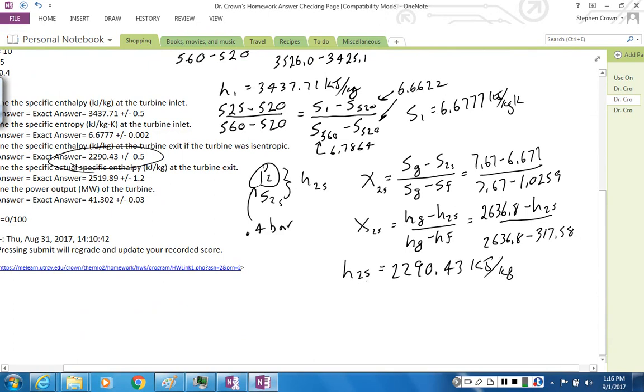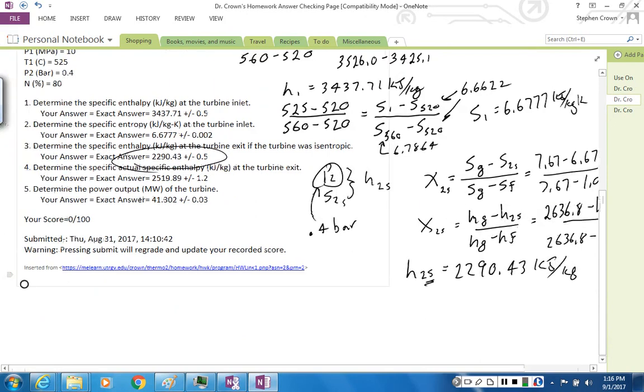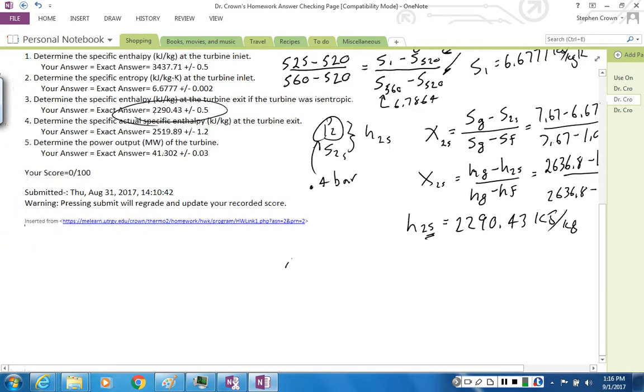But that's 2S, and it's actually not isentropic. So first I find what it would be if it was isentropic, and then I use the definition of the isentropic efficiency for this turbine, which is given as 80%.